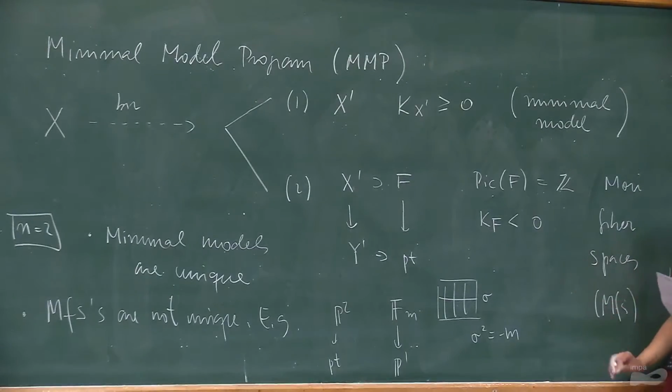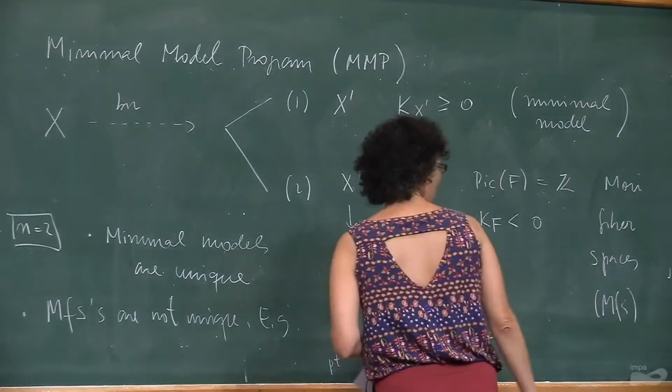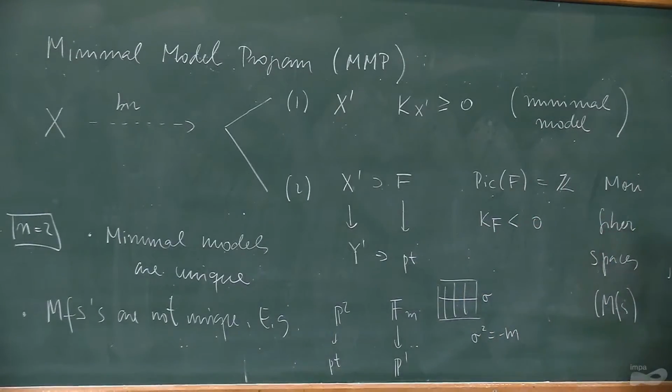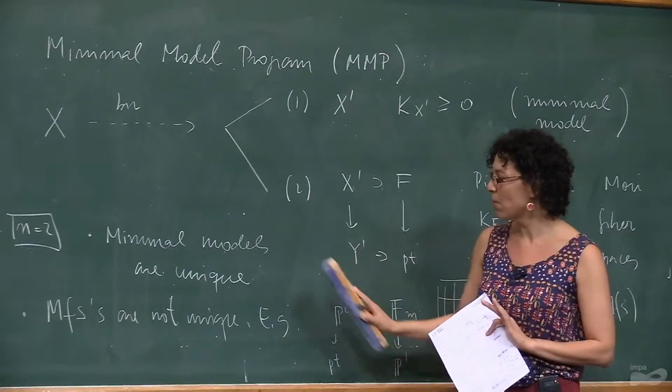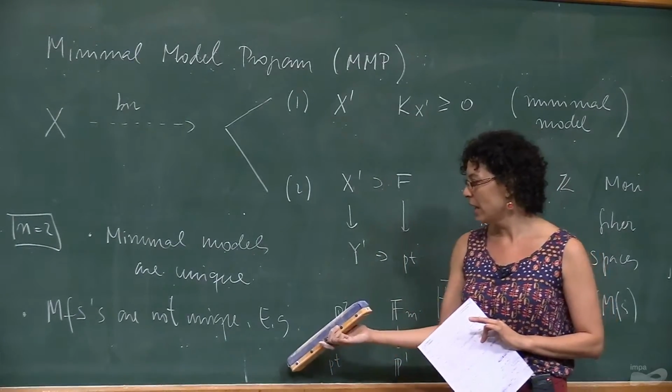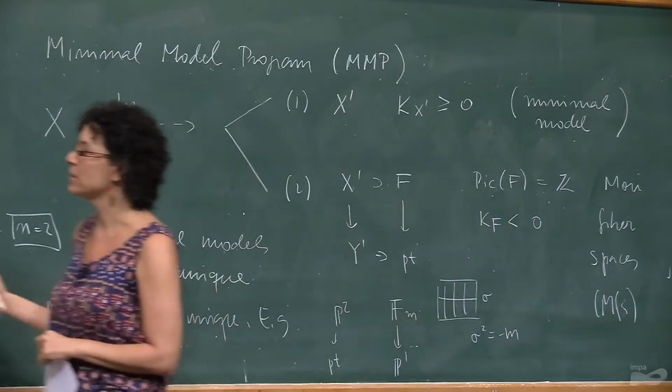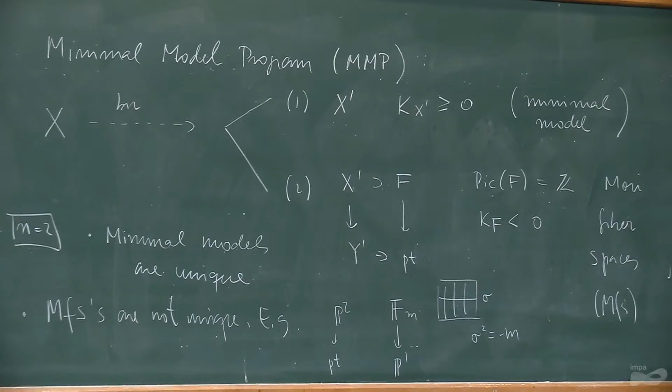So let me just say how you relate them. As I said, let me say it for surfaces. For surfaces, minimal models are unique, but not Mori fiber spaces. So in this case, what we have is what is called the Sarkisov program.